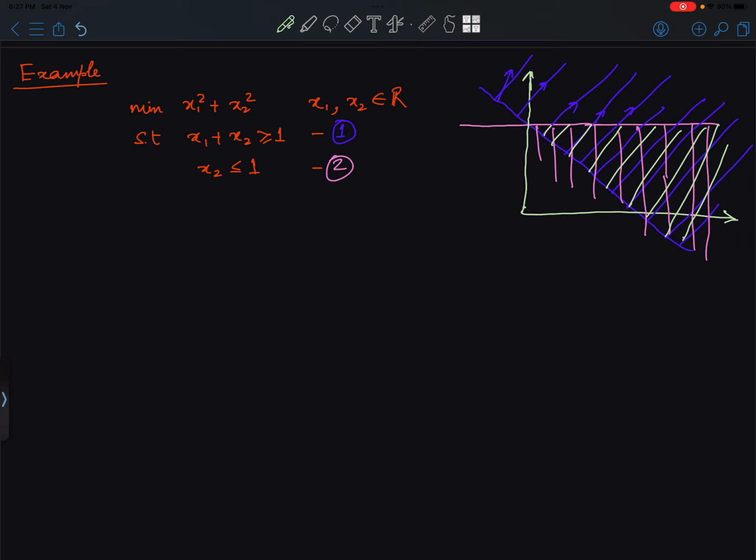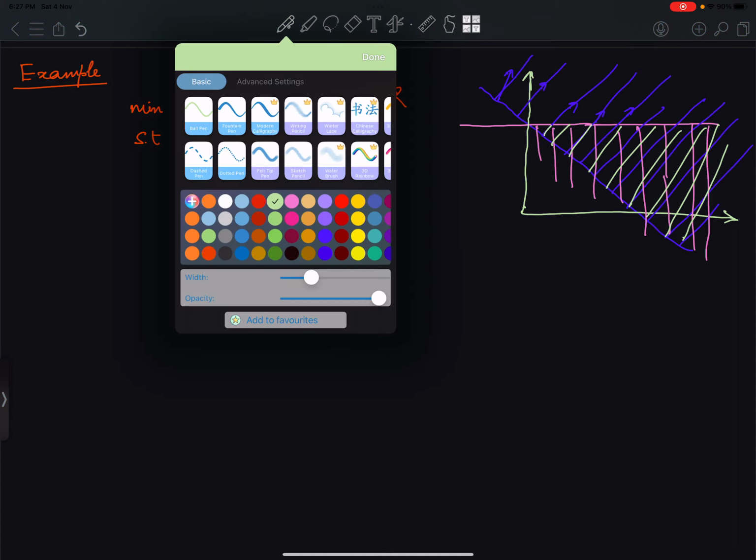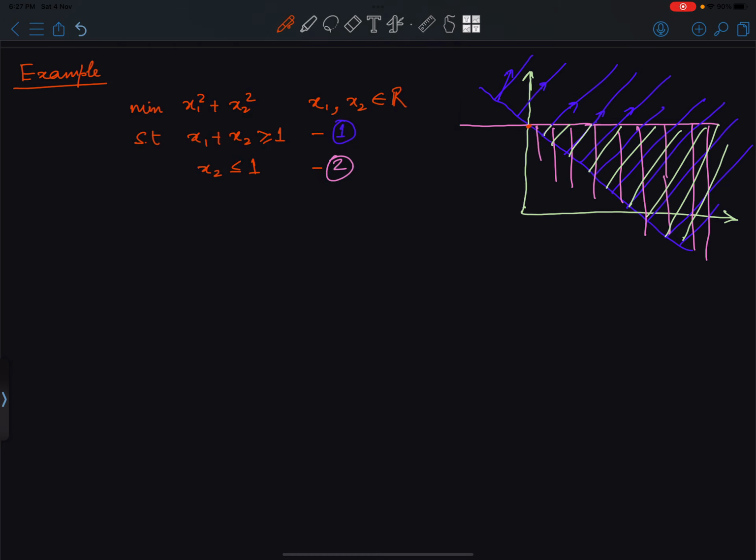Okay, so let us take a point where both the constraints are active. Let us take this point, which is 0 comma 1, and let us suppose that this is a KKT point.